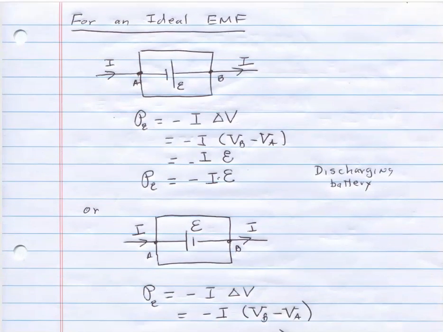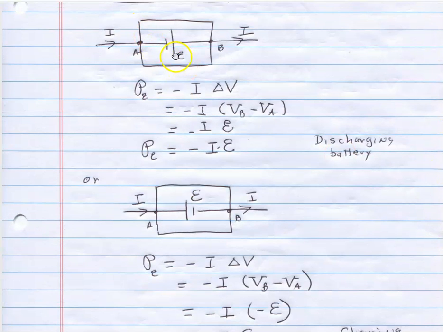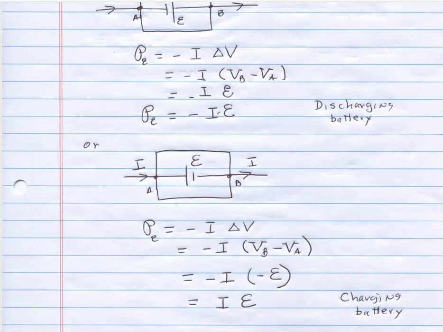Now, if I turn that around, let's suppose that I've got current that I know is flowing in this direction, and I've got an EMF that's the opposite direction to the one above it. So I've turned it around. So now the current is flowing from positive to negative. Still the same formula, still VB minus VA, but in this case I'm going from the high to the low potential side.